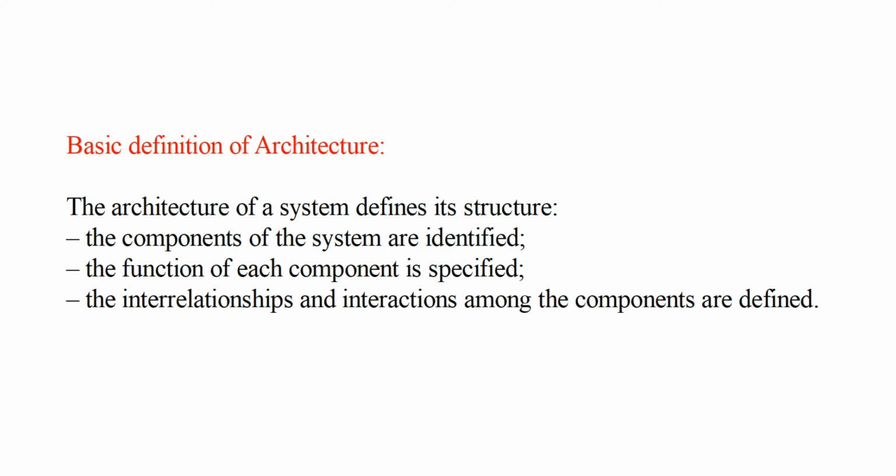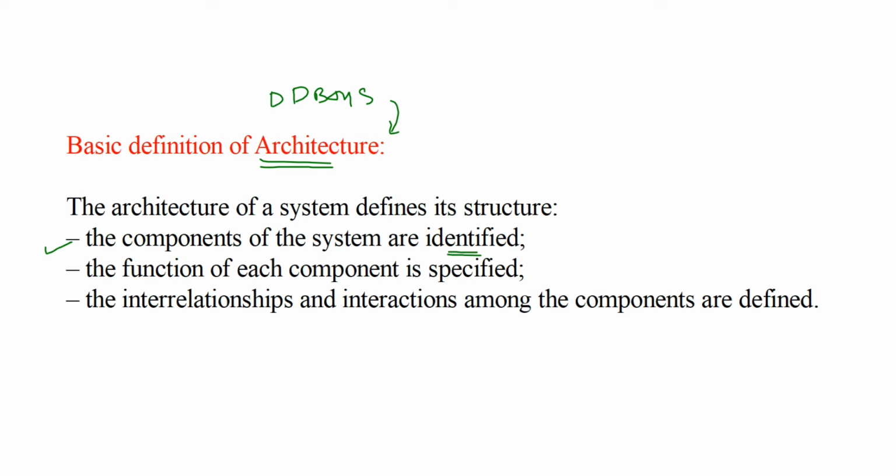Now let's see the basic definition of architecture, because in the coming slide we are going to see the architecture of distributed database management system. The architecture of any system, not only database systems, defines the following. The components of the system are identified: what are all the components in the system.